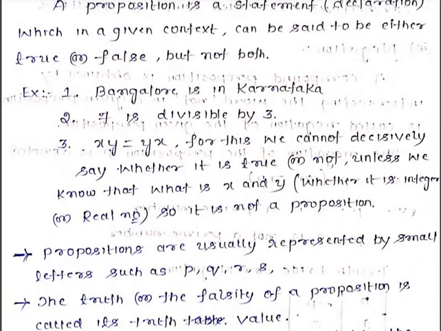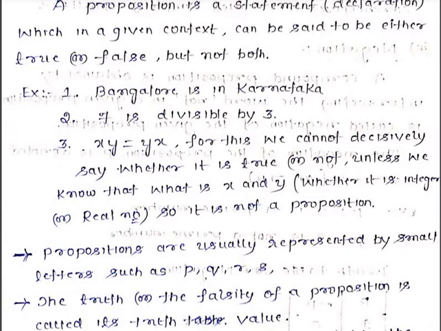Propositions are usually represented by small letters. From A to Z, you can take any letters and represent them. Generally, we will start with p, q, r, s, and so on. The truth or falsity of a proposition is called its truth value. Truth value is nothing but the value of that particular proposition or statement.